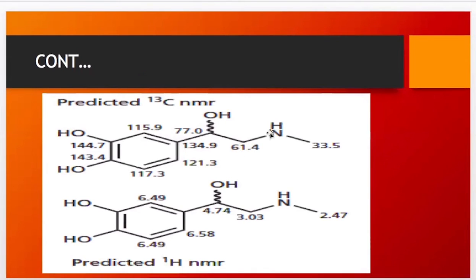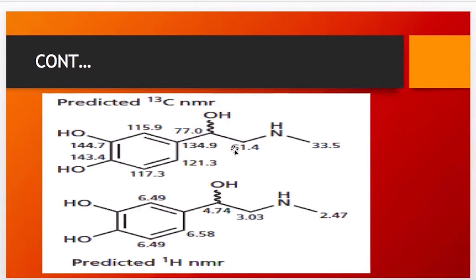With this NMR, at this position, there's a carbon atom there, and wherever there are these numbers, they are carbon atoms. So this predicted NMR is showing you that when you get the results from your NMR machine, this carbon atom here should show at position 3.5.